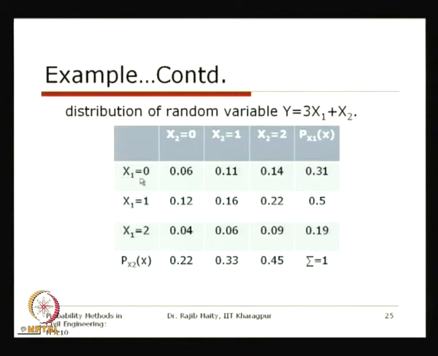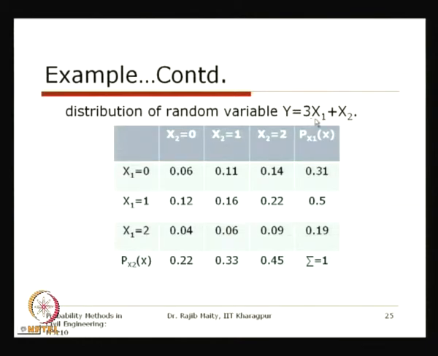When X1 equals 0 and X2 equals 0, it is 0.06; when X1 equals 0 and X2 equals 1, it is 0.11. Like this, a 3 by 3 matrix is given. The last column is the marginal of X1 and the last row is the marginal of X2, and obviously the total summation equals 1. Now, to know the marginal distribution of Y, since this is only a 3 by 3 matrix, what we can easily do is take the specific values that Y can take.